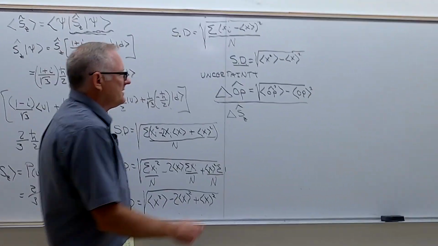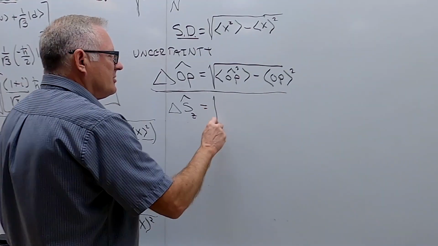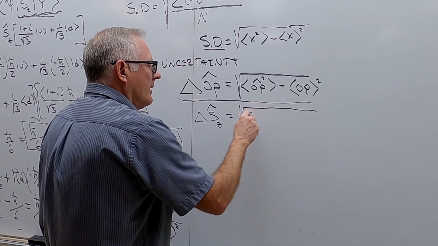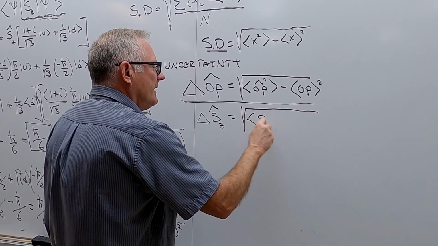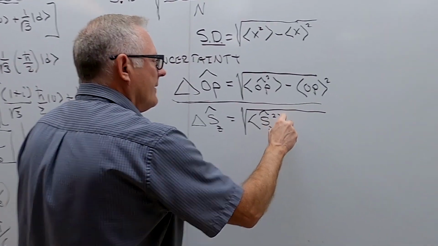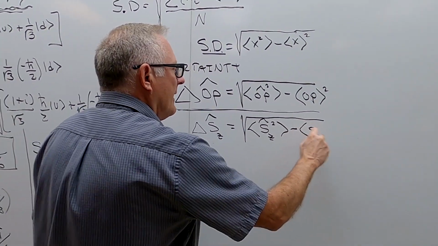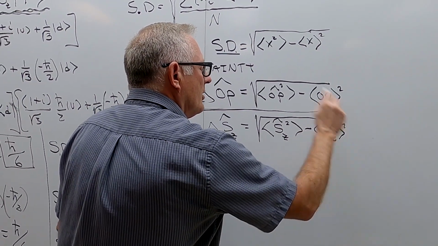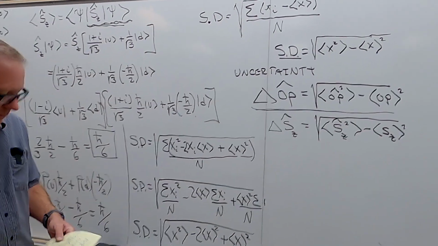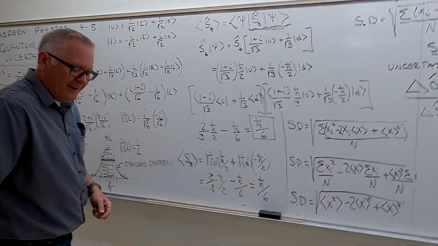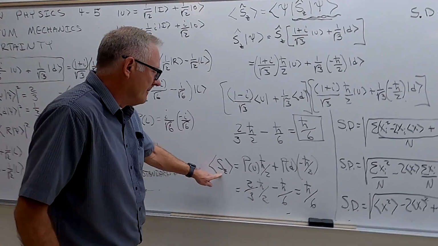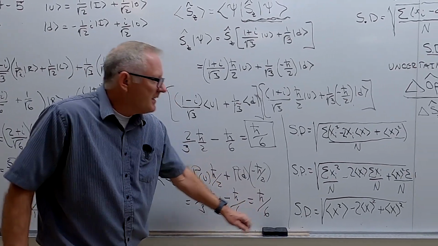So what do we do? We just plug in the square root of the average of S sub z squared minus the average of S sub z, squared. Now we already know what the average of S sub z is. That's h bar over 6.